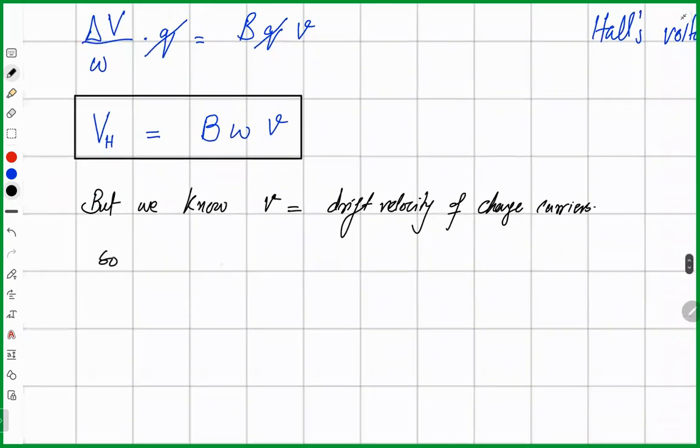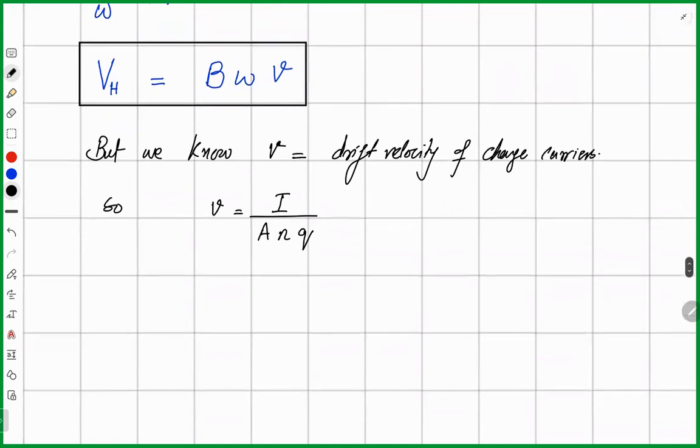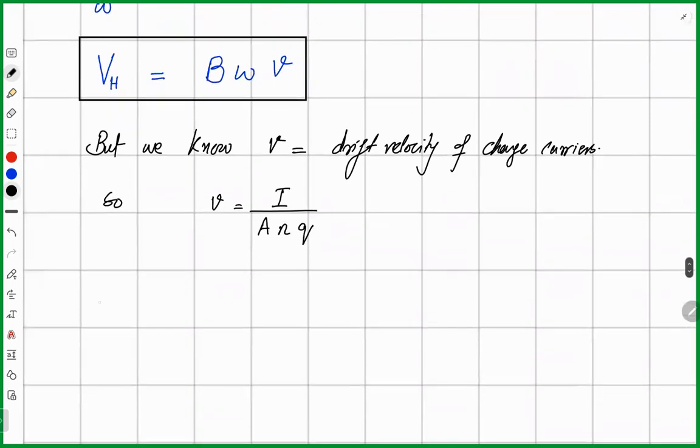So we know the formula for drift velocity, which is V equals I over area into number density into charge on each particle. So Hall voltage has a new formula now.